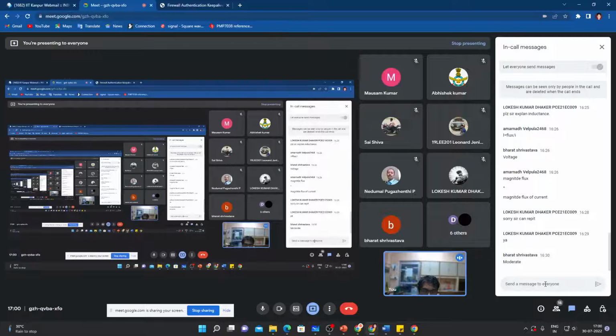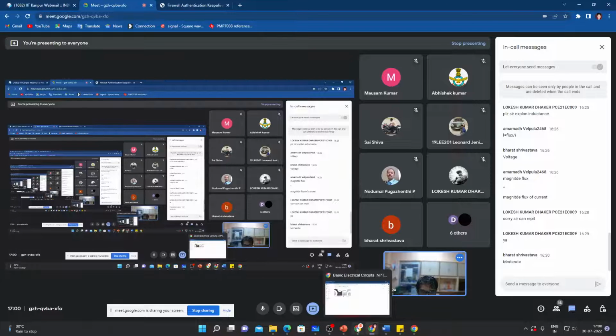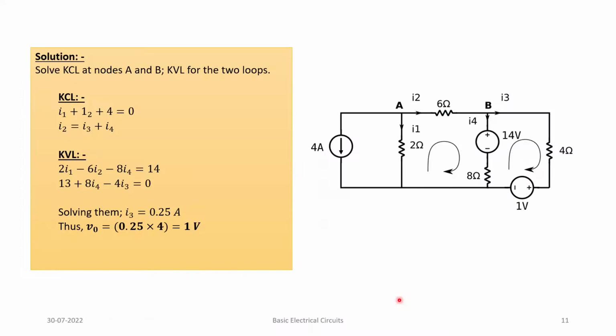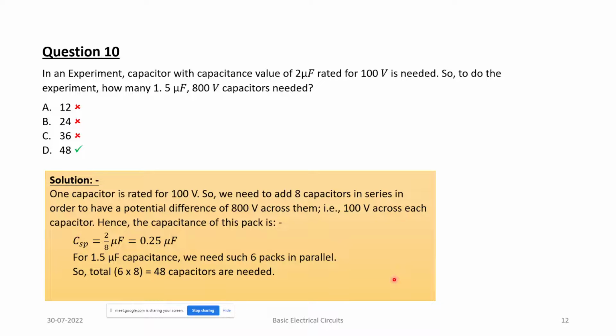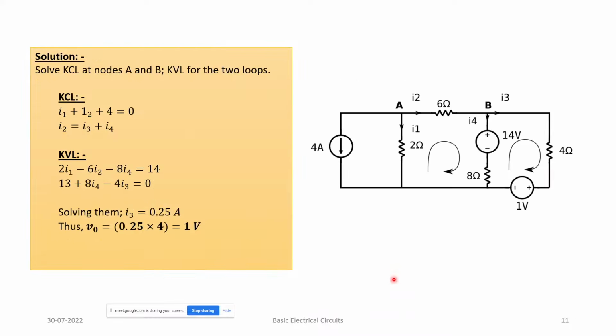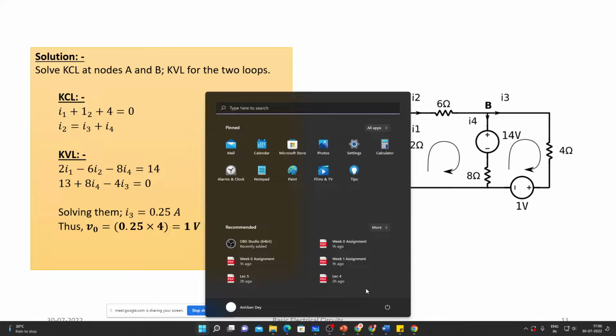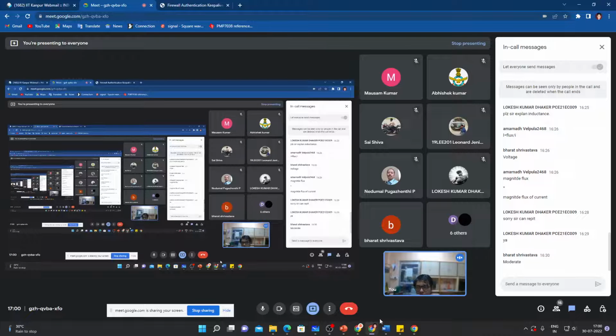You have 1.5 microfarad 100 volt capacitors, and you need a 2 microfarad 800 volt capacitor.